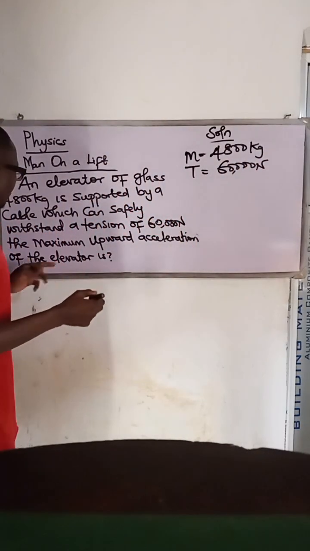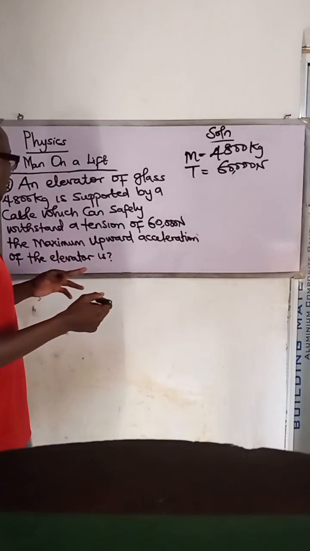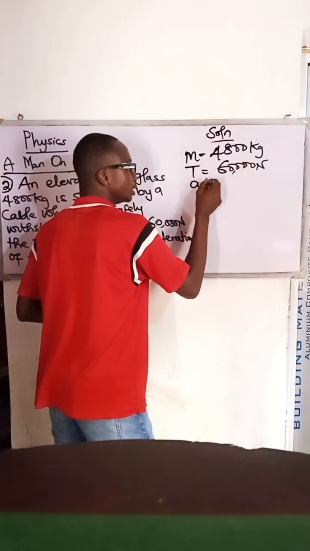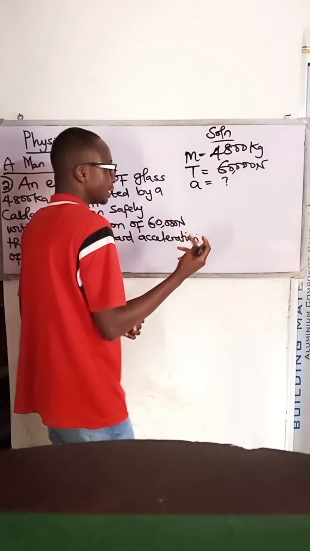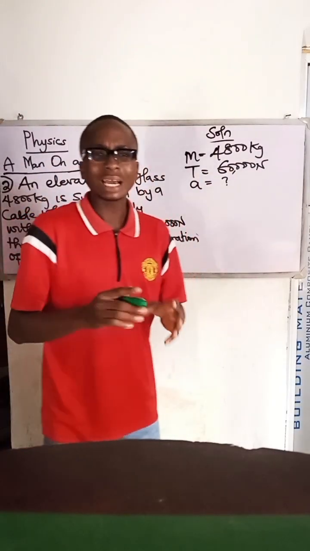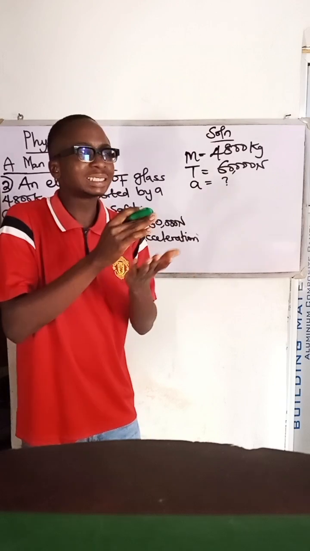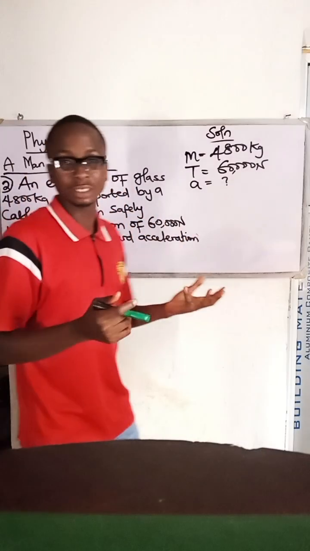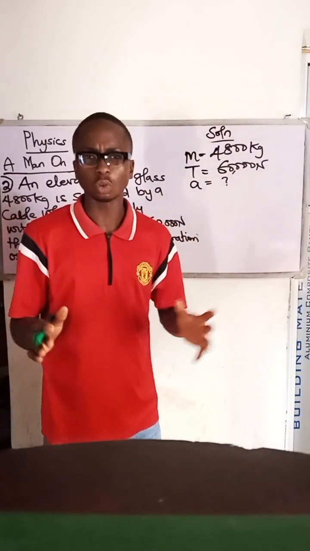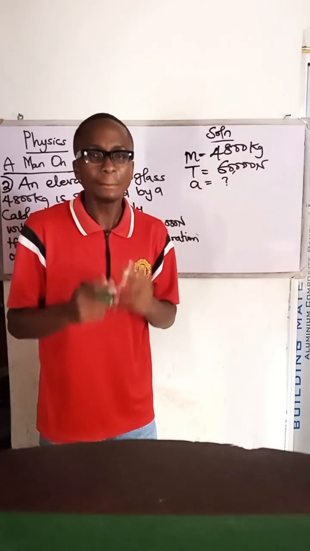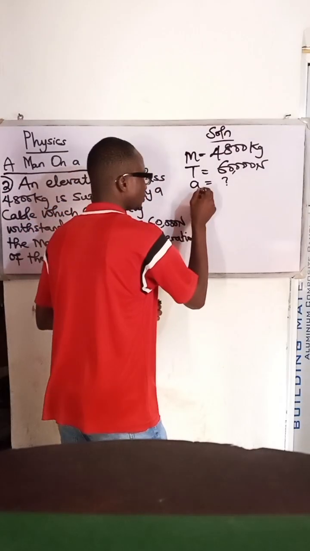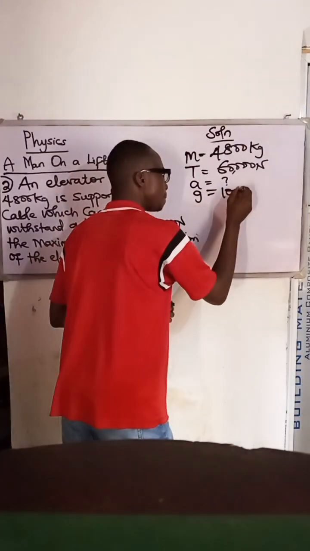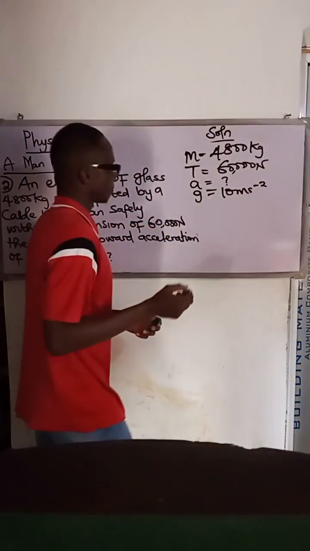They ask us to calculate the maximum upward acceleration. In this question we're not given gravity, but we know that in any question, gravity is 10 meters per second square. So g is equal to 10 meters per second square.